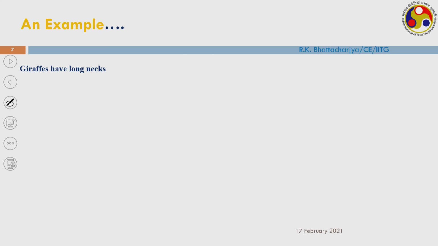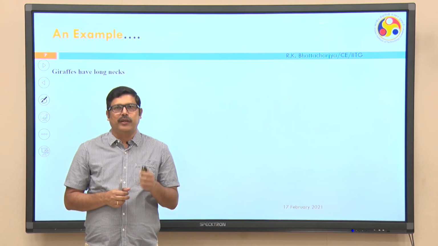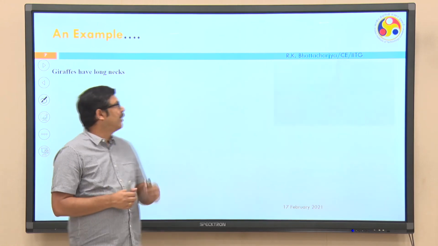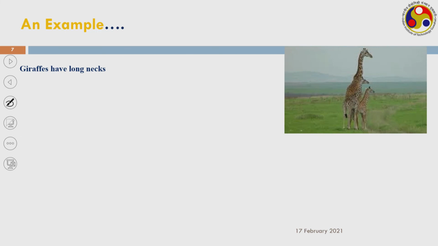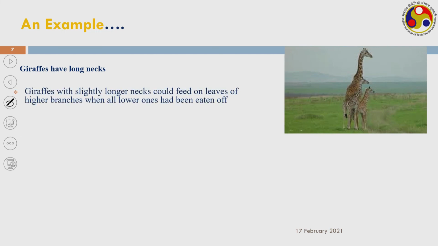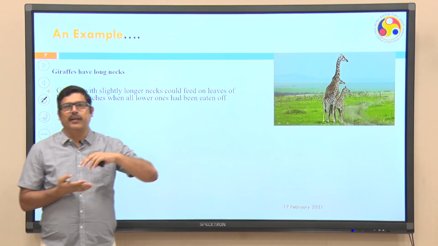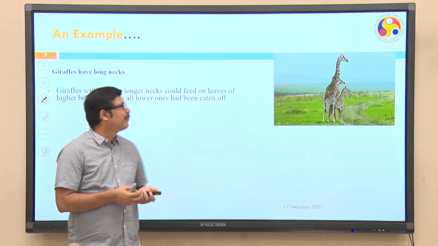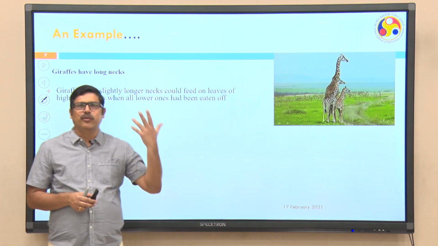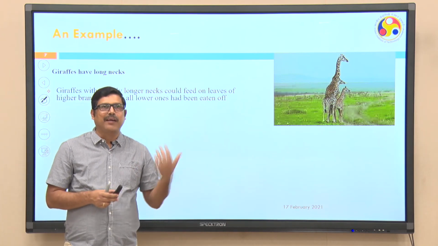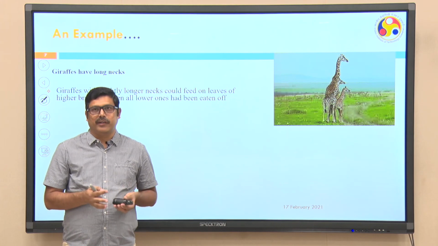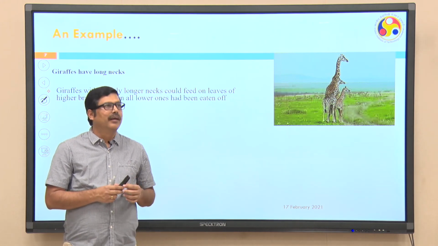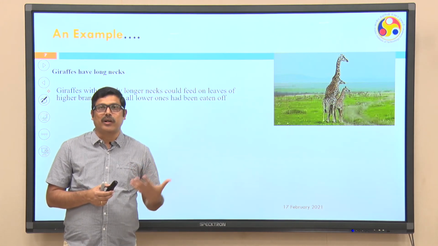Let us see another example problem. If you look at the giraffe, I think all of you have seen that one. The giraffe has a longer neck, but millions of years back they had a shorter neck. Some studies say they actually had a shorter neck.